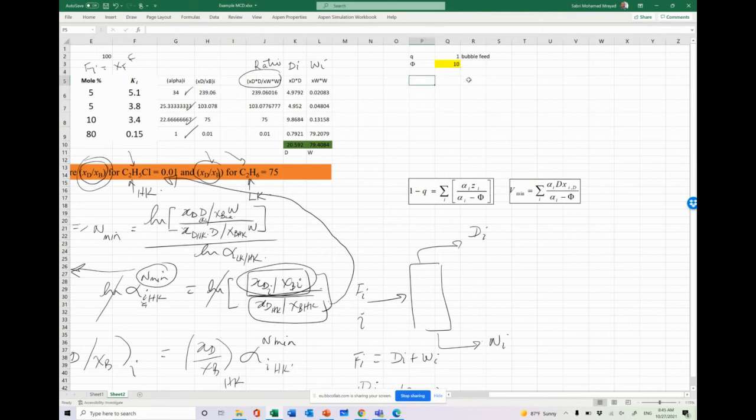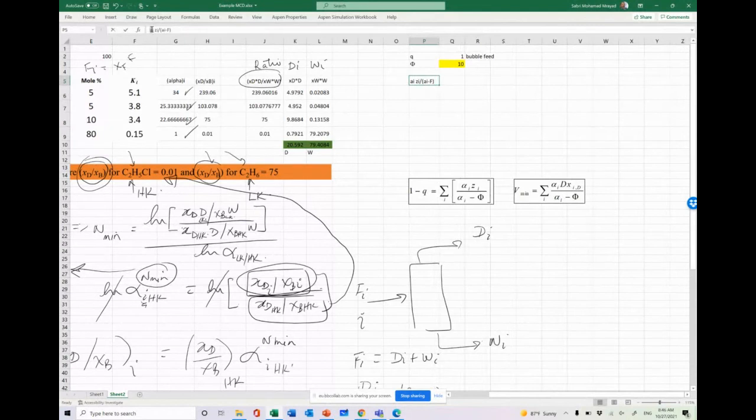So this is what I'll do. I say alpha I multiplied by Z I divided by alpha I minus psi here. And then this is it. Let me just write it in the symbol so you understand what I'm trying to say here.